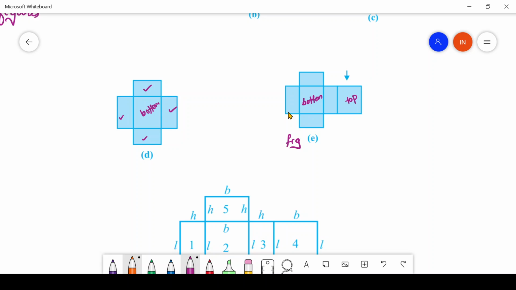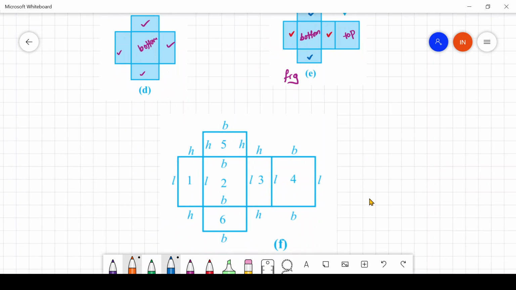As I discussed in the previous figure, we have these two sides equal in measurement. I mean the length and the breadth of those two sides will be the same, and these sides also will be the same. So let us see, if we mark some length and breadth for this figure, how it will be.